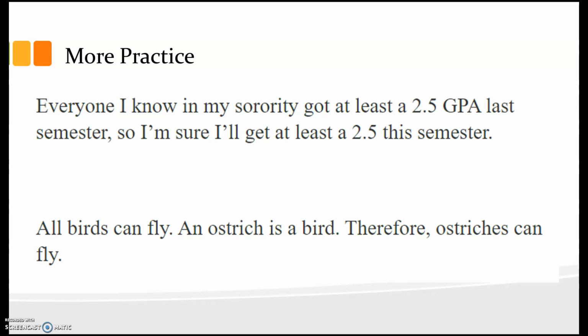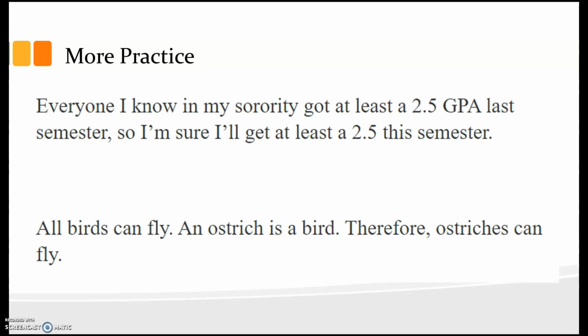Everyone I know in my sorority got at least a 2.5 GPA last semester, so I'm sure I'll get at least a 2.5 this semester. Looking at this, the student is going off of the fact that in our sorority, everyone got at least a 2.5 GPA last semester.